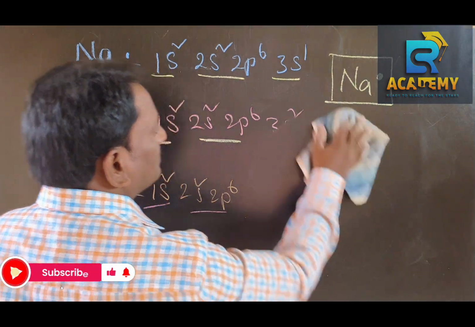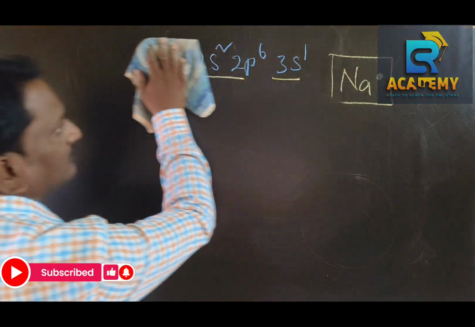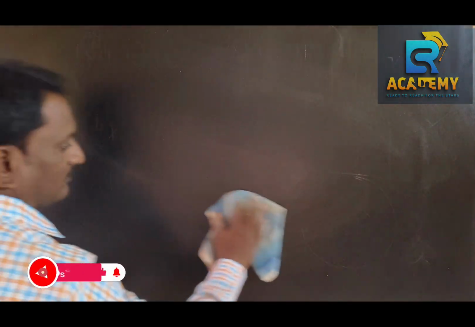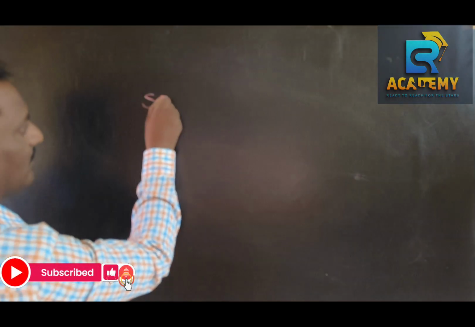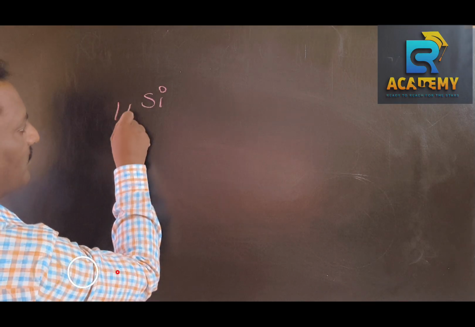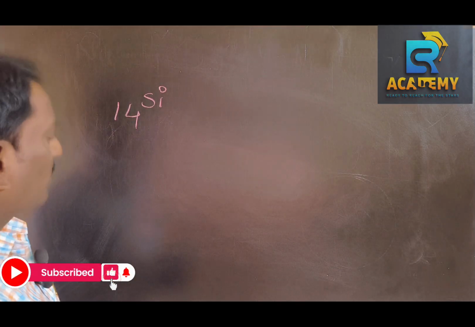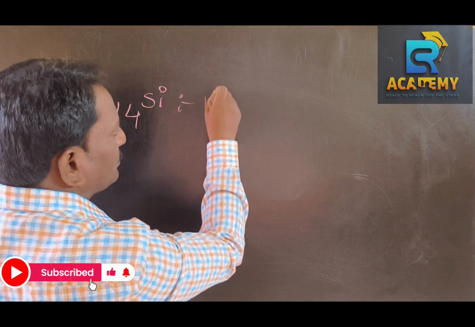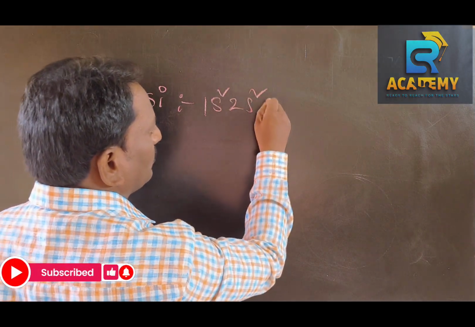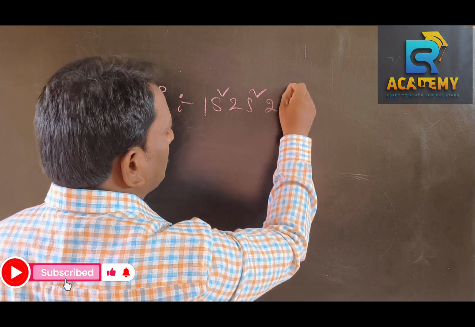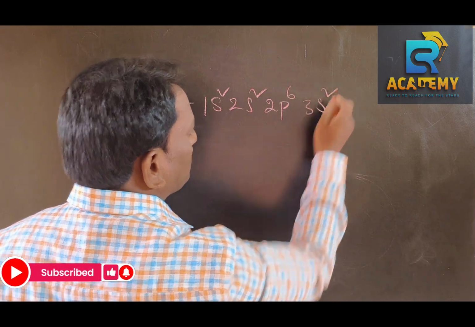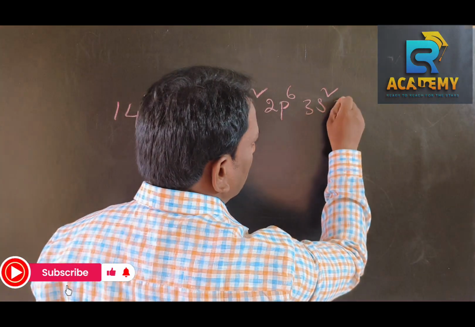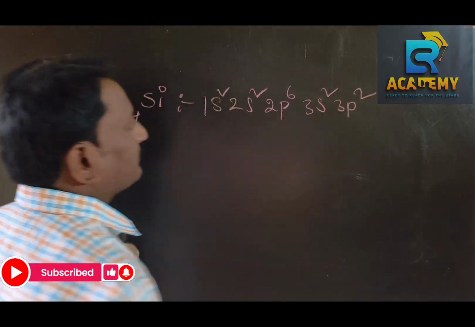silicon. Silicon Lewis dot structure. Silicon atomic number 14. Electronic configuration 1s2, 2s2, 2p6, 3s2, 3p2.